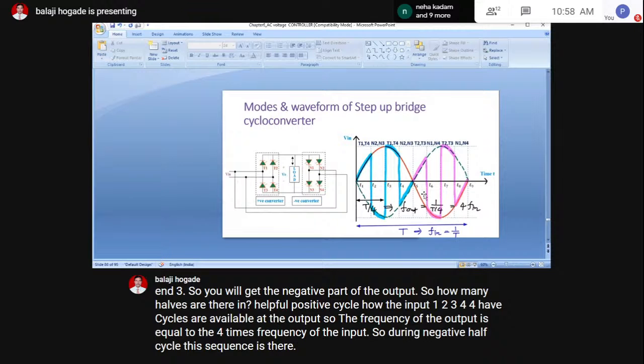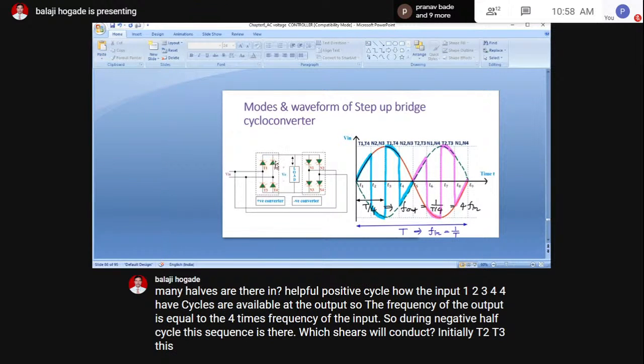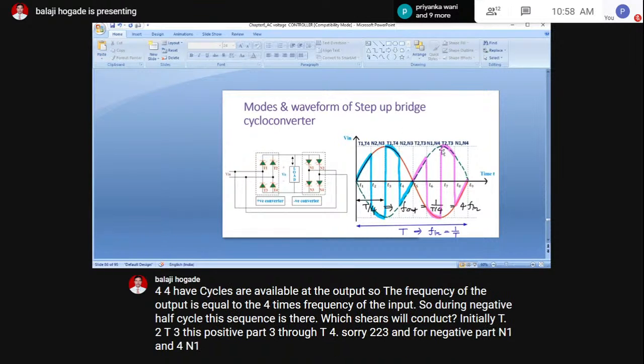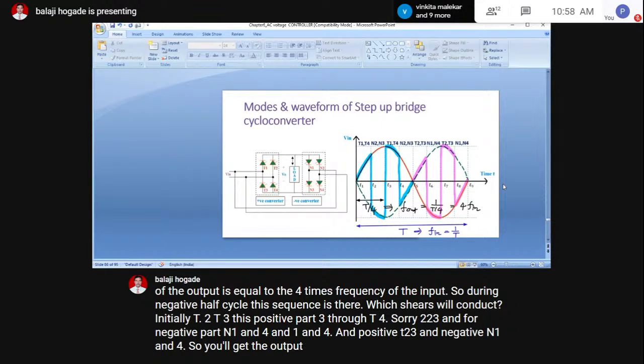Which SCRs will conduct? Initially T2, T3 for the positive part, and for the negative part N1, N4, and then positive T2, T3, and negative N1, N4. So you will get the output frequency which is greater than the input frequency.